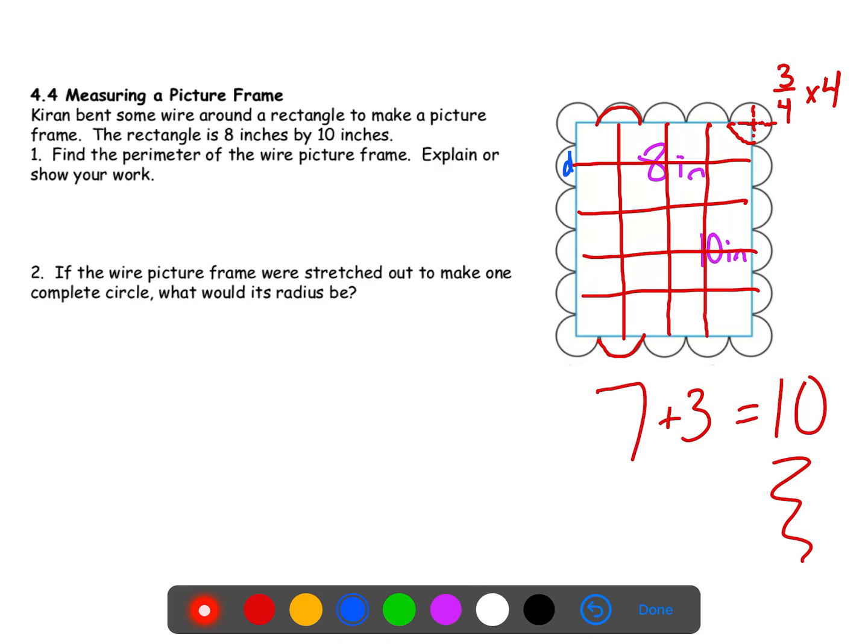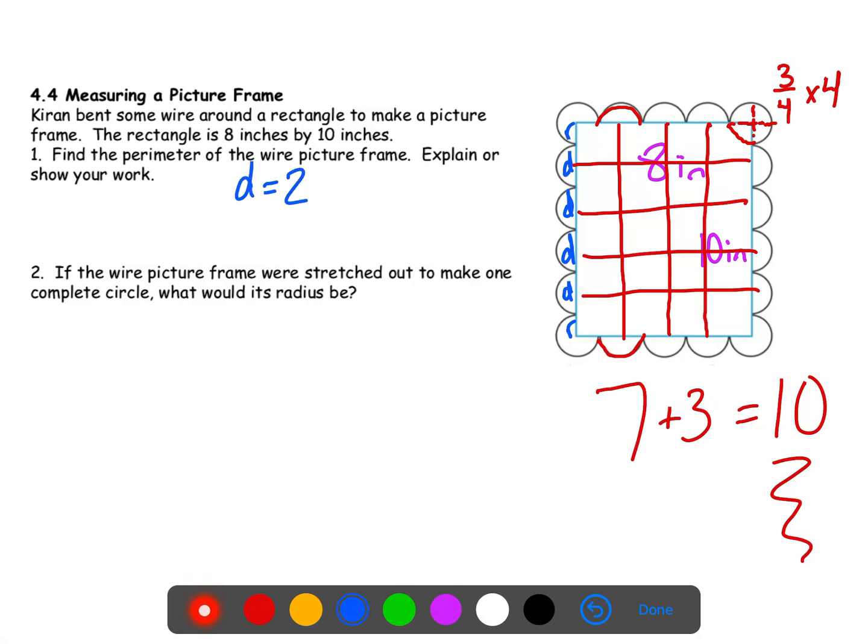So I have a diameter for these 4 circles. I have a radius, and 2 radii make a diameter. So really, I have the 4 diameters and a 5th diameter when I combine those 2 radii. So 5 of the same diameter for these circles makes up a side length that's 10 inches long. Well, 10 divided by 5 is 2. So that tells me the diameter of this circle is 2 inches.